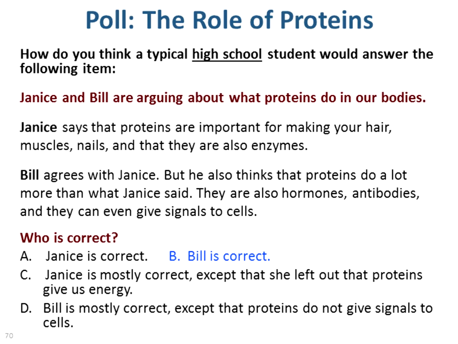Okay, polls should be open. I'm going to look to make sure that, yep, the polls are open. You will select A if you believe Janice is correct, B if you believe Bill is correct, C, Janice is mostly correct except that she left out that proteins give us energy, and D, Bill is mostly correct except that proteins do not give signals to cells.